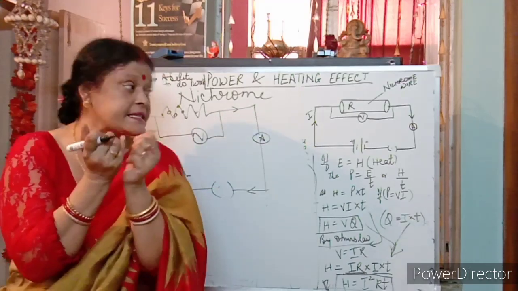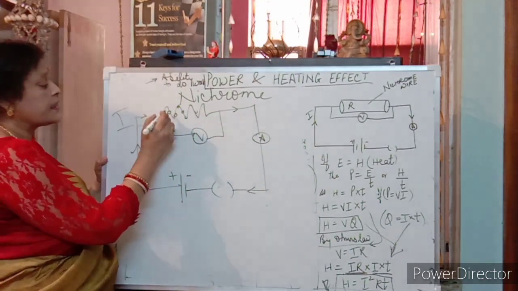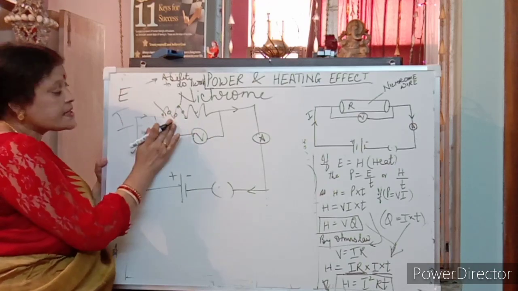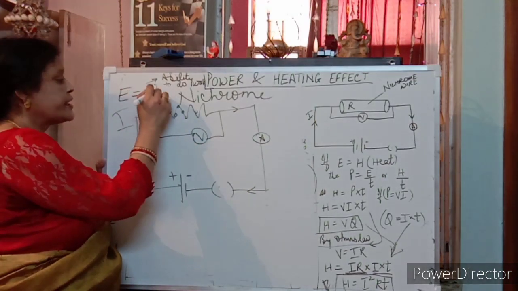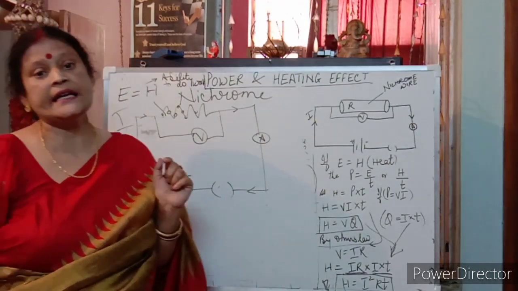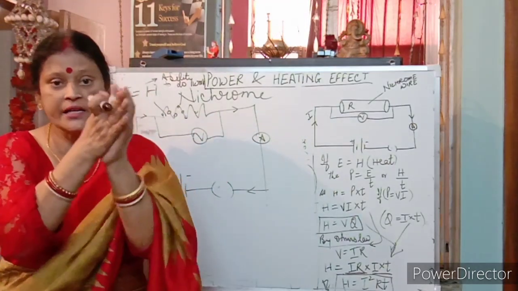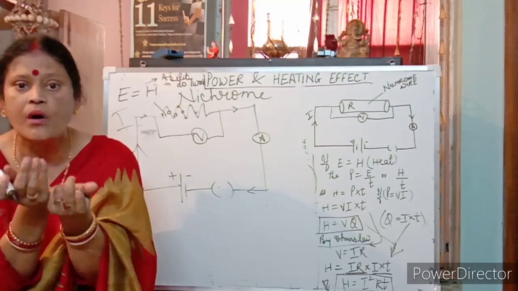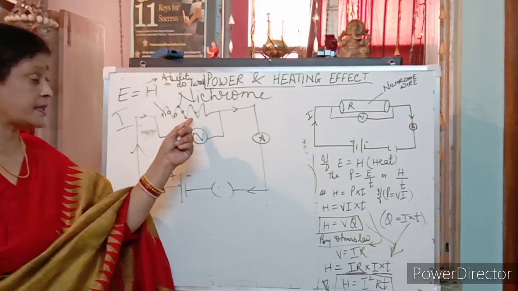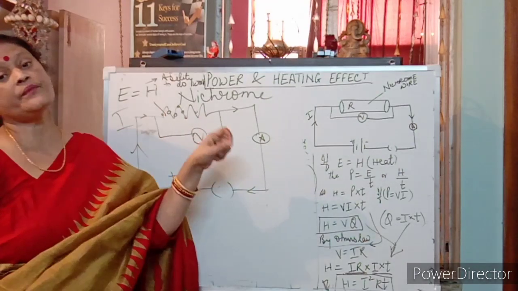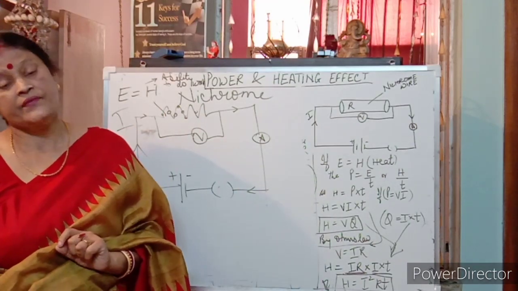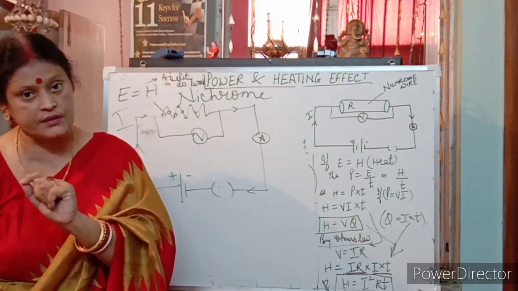The energy released by the collision of electrons gets converted into heat energy. When you rub your hands, you can see they become a little warmer. So here there is collision, and why the collision? Because the current tries to overcome this high resistance. This is how heat is generated.